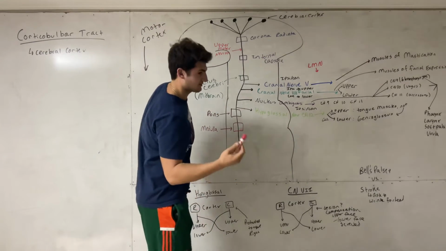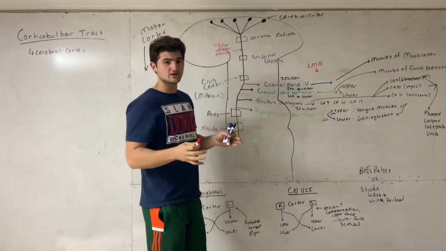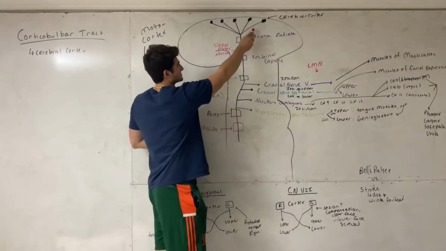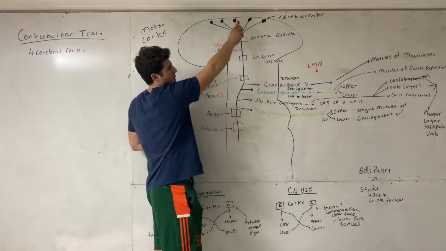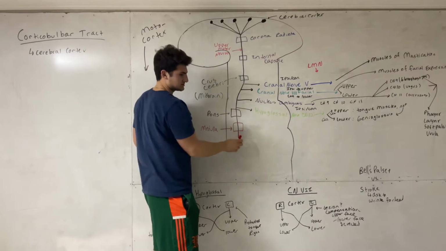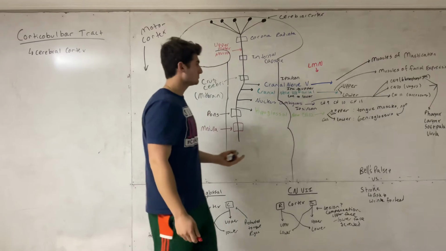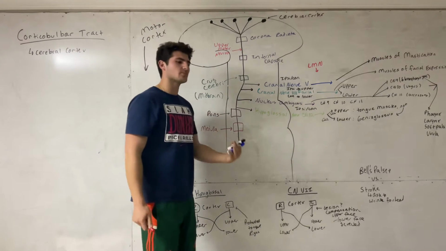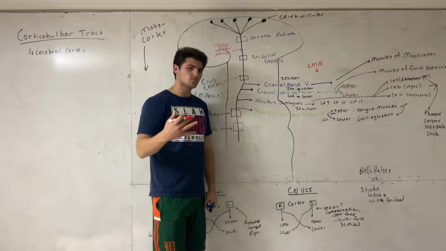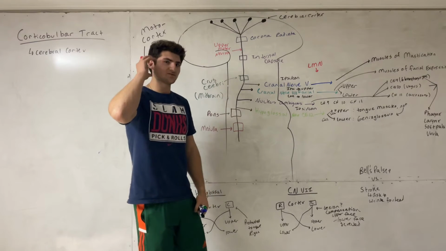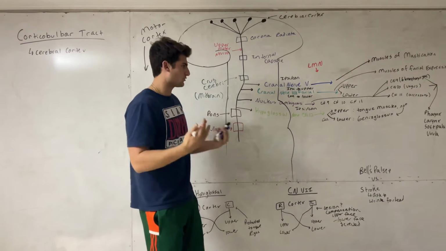What is important about those fibers? What is the most important thing about these? Well, from the cerebral cortex all the way down towards the medulla, this is known as an upper motor neuron. Okay, so we have upper motor neurons, and what are upper motor neurons doing? Well, upper motor neurons come directly from the brain through the spinal cord, and what do they target?